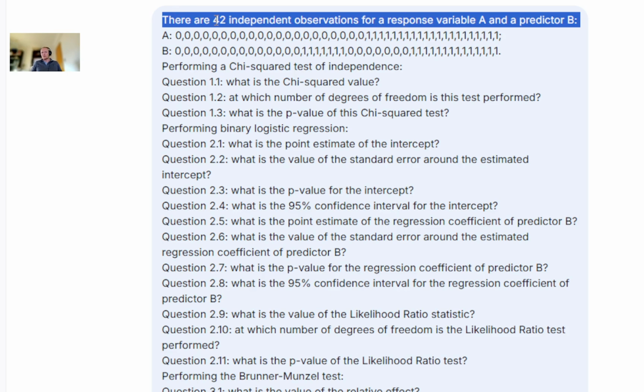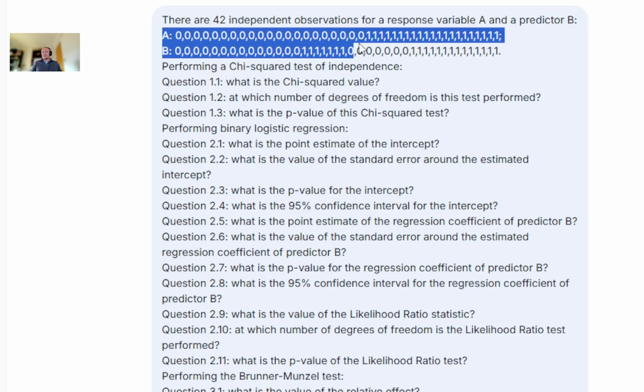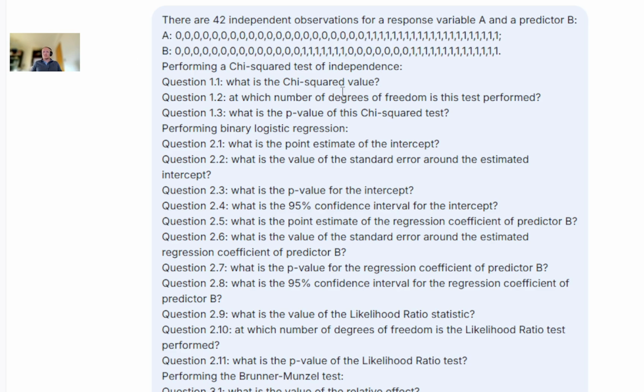In this case, you have 42 independent observations for a response variable A and a predictor B. That's the context. Next you provide the data, which is just two vectors, vector A, which has zeros and ones, and vector B, which has zeros and ones. And then we have a bunch of questions.